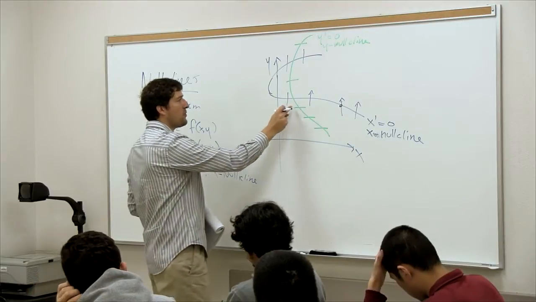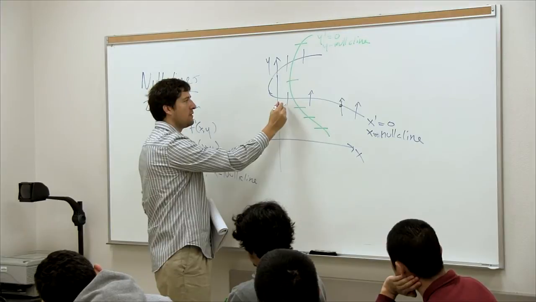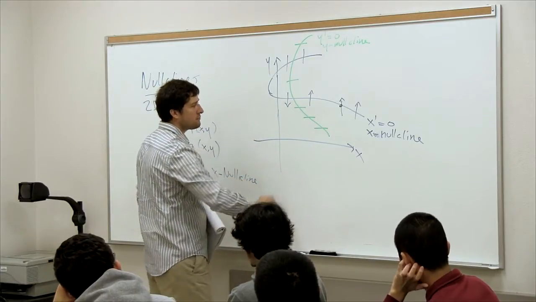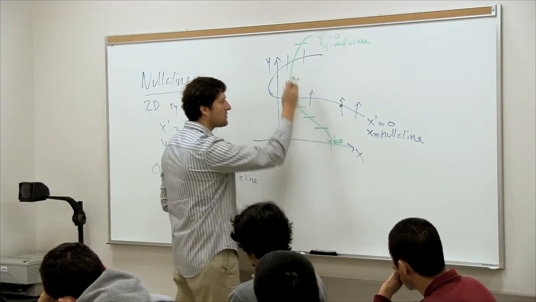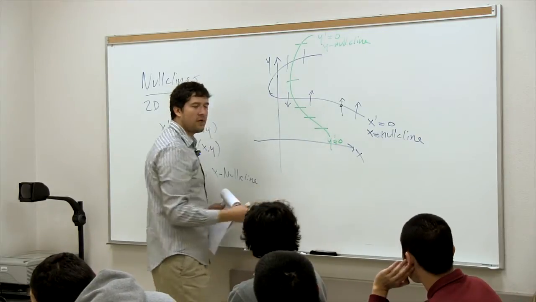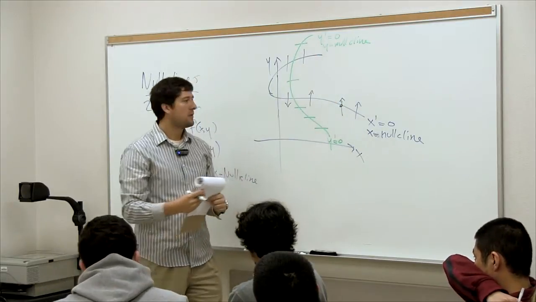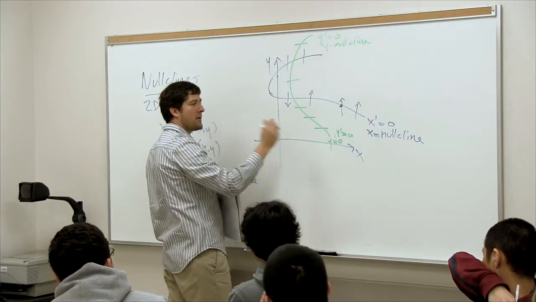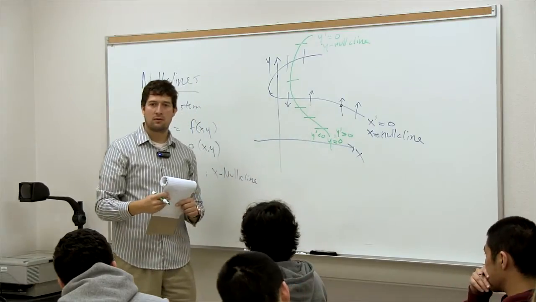Now what happens when you cross this null line? When you cross this null line, you change the sign. The reason for that is the following. As we were saying over there, this is a set of points where y prime is equal to 0. So generally, one side of the plane, let's say the right-hand side of this green line, is going to have one sign, y prime bigger than 0, and the other side of the line is going to have y prime less than 0.